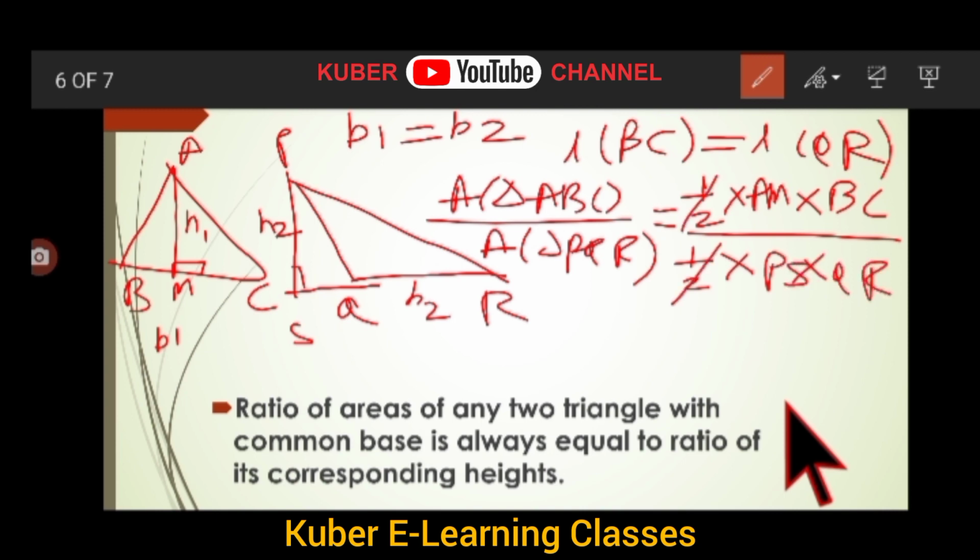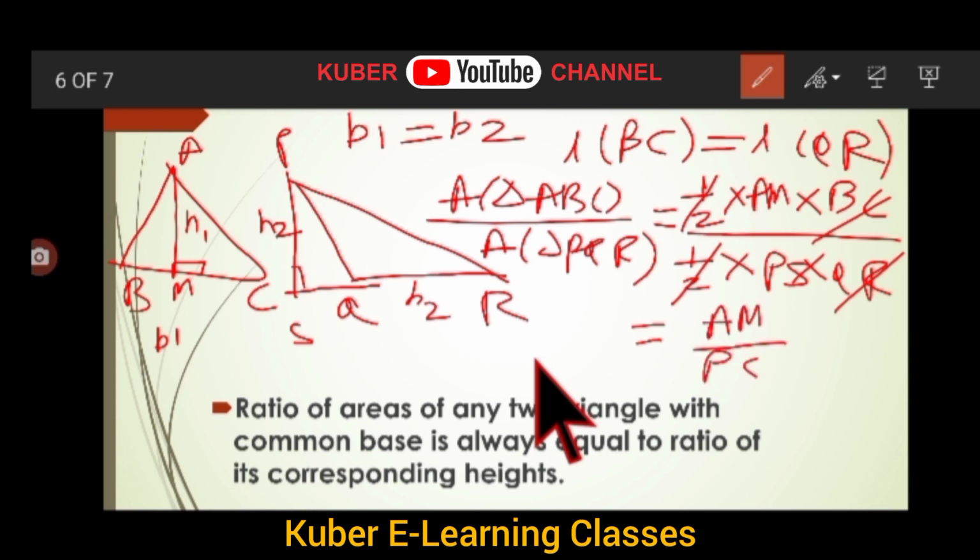So half cancels. But now see, children, BC and QR are the same, so they will also get cancelled. So what will you get? AM over PS. AM is the height of the first triangle, PS is the height of the second triangle, meaning you got H1 over H2.